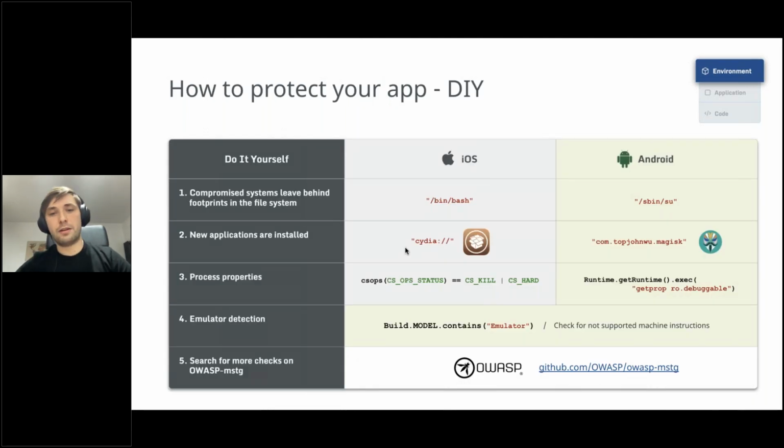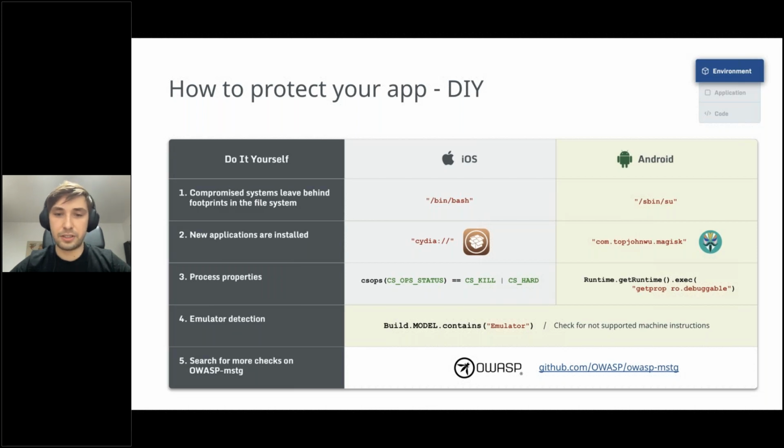Right now, I'll show you the do-it-yourself section for environment integrity. You can check if the system is compromised in many ways. For example, on iOS and on Android, you can check for some files on the file system like /bin/bash or /sbin/su on Android. Another way is to check what applications are installed.